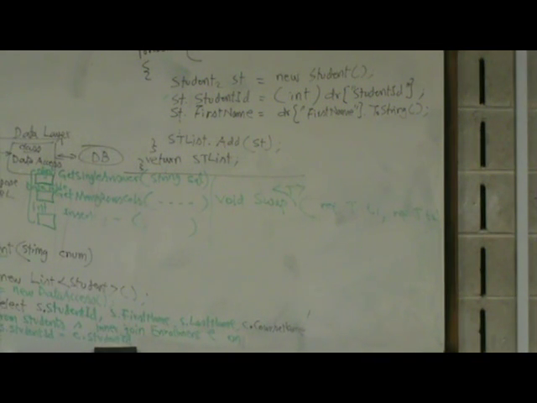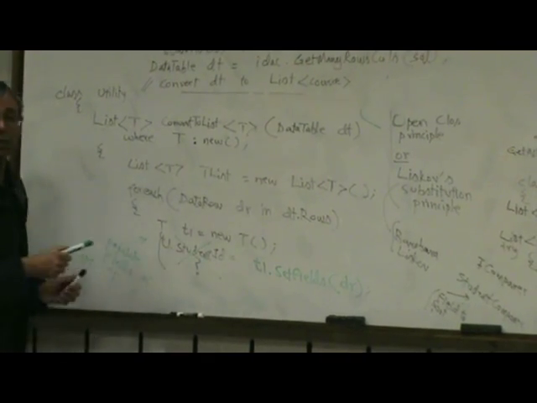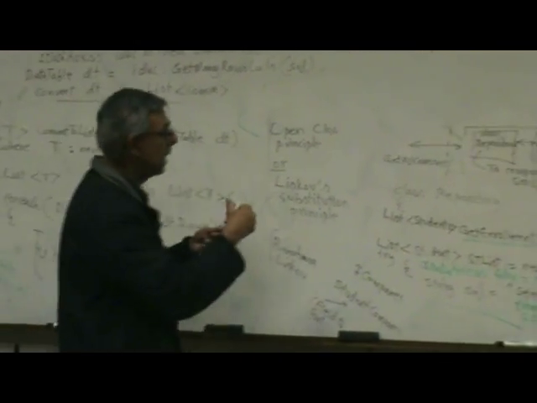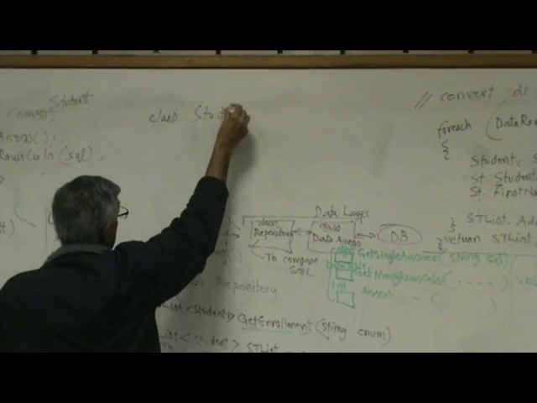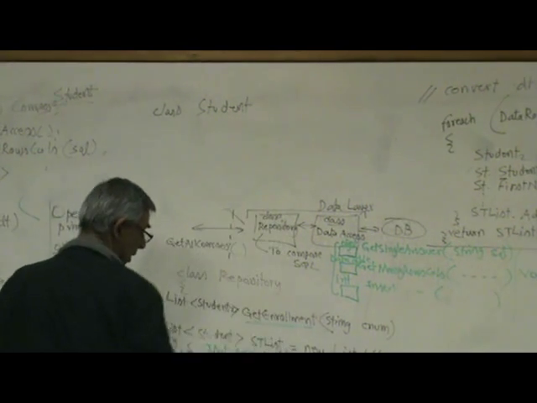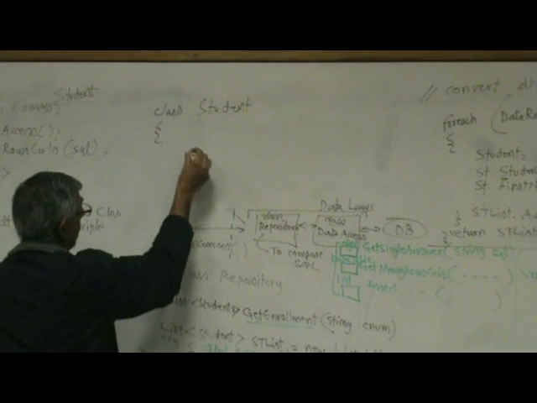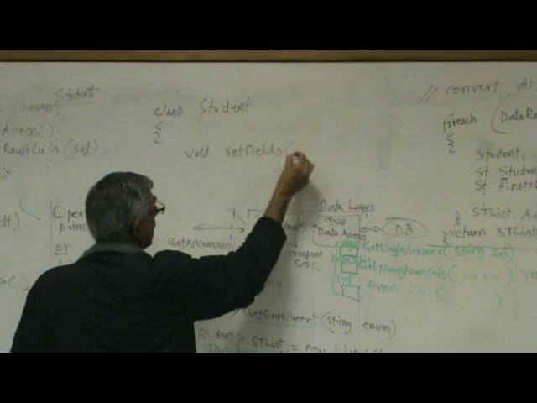We had to indicate after the name of the function. Anyway, so now we will delegate the work of populating it back to the student class or back to the course class. So if we go to the class called student, what's our responsibility now? To write one extra method called setFields. And what will be the parameter over here?